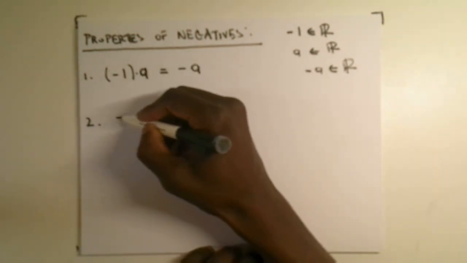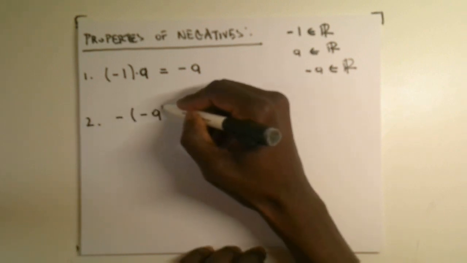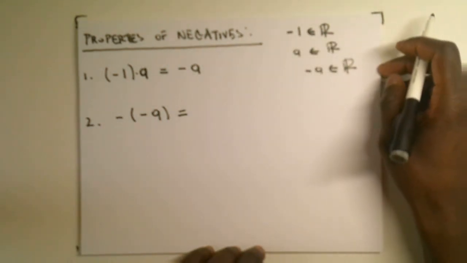So if I have the negative of -A, now here is where it gets interesting.